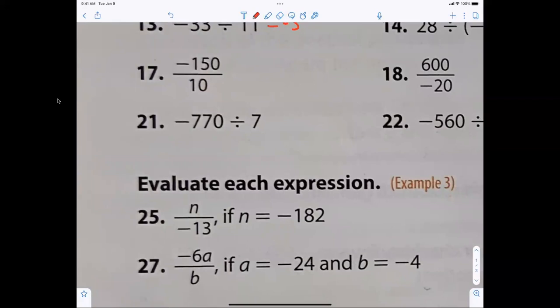Who can explain to me how do I divide by 10? What do I do with those zeros? Sydney. So what you're gonna do, kind of ignore the zero in zero. Yeah, and then. Yes. What kind of 15? Negative. Right. So remember, whenever you divide by 10 and there's a 0, you just do what?